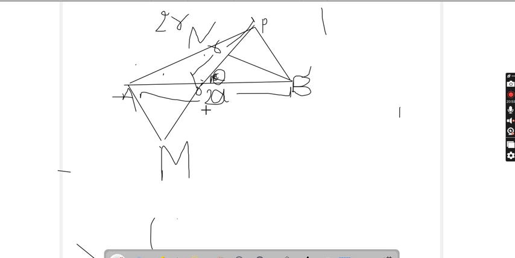To R. See, now electric field due to a plus Q charge. This is plus Q and this is minus Q charge.